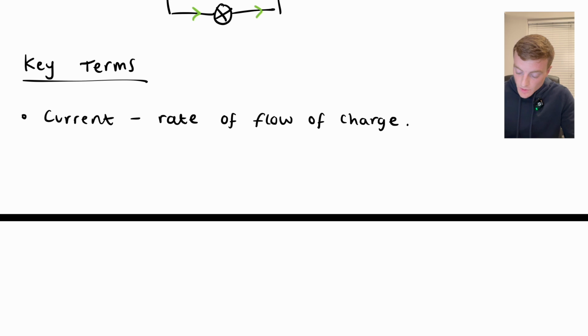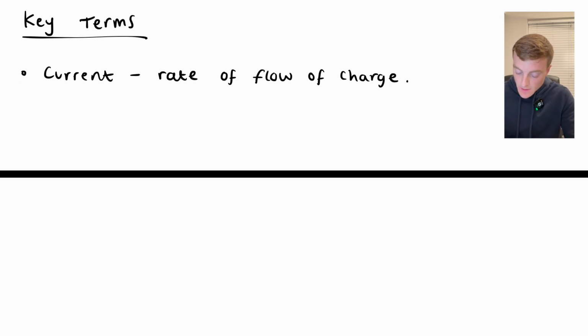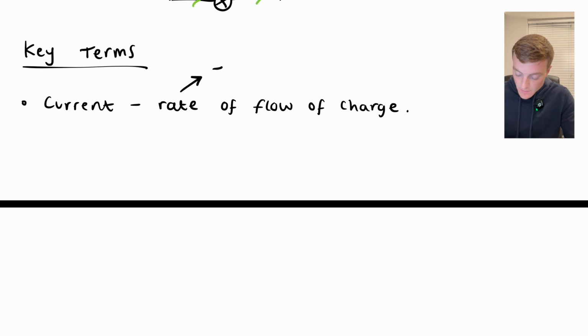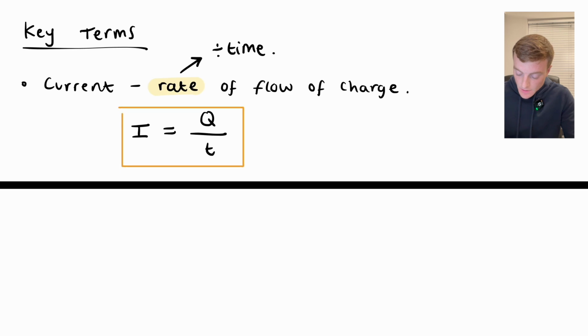Now, whenever you see the word rate in physics, that just means divide by time. So I like to remember formulas by their definitions. So current is the rate, so divide by time, flow of charge. So we're going to need a Q on top. And we're going to call that equation 1 because we're going to need it later on.